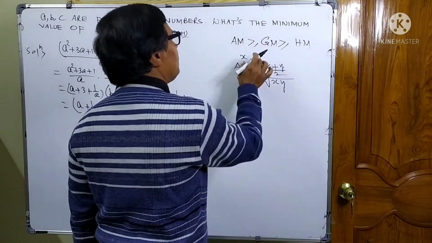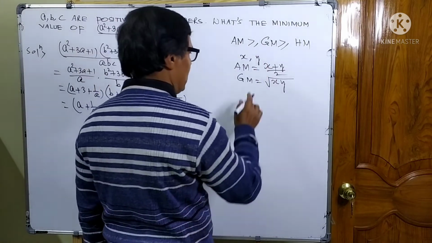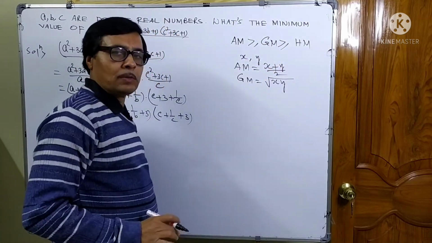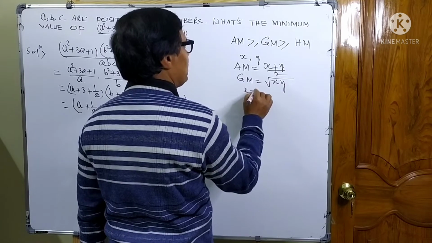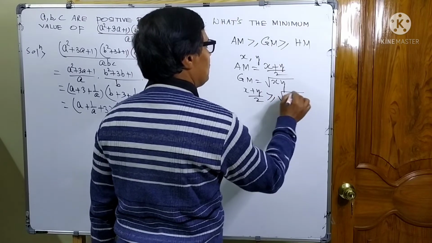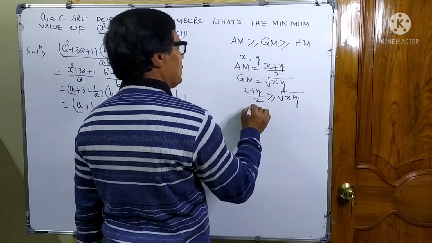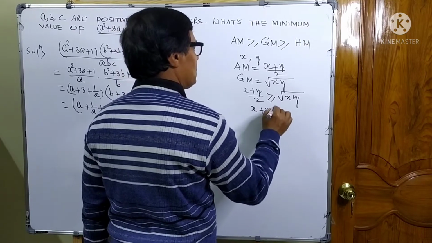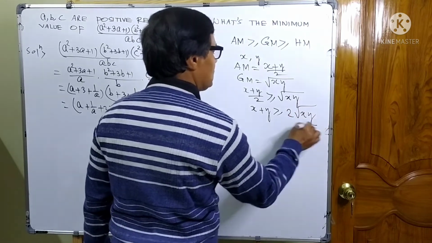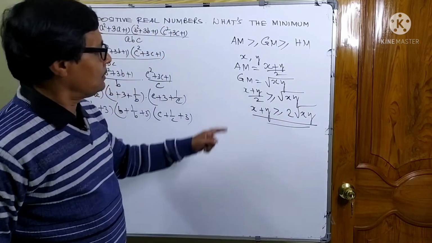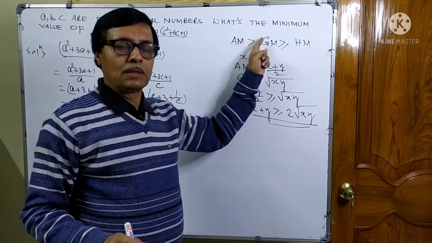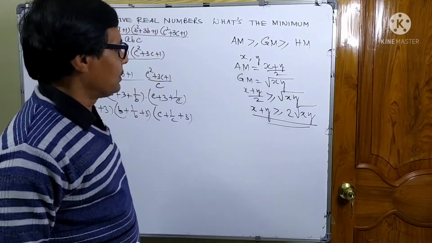Applying this inequality for these two quantities x and y, arithmetic mean is greater or equal to geometric mean. So (x + y)/2 ≥ √(xy), that is x + y ≥ 2√(xy). This is the relation which is got from the inequality AM ≥ GM ≥ HM.